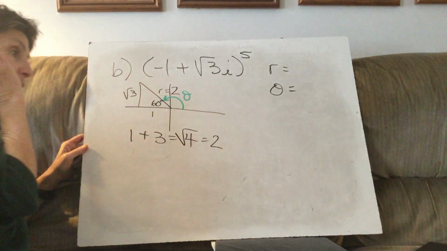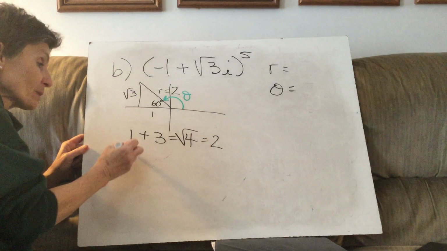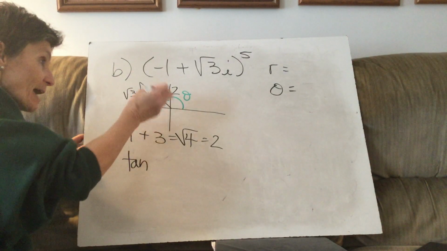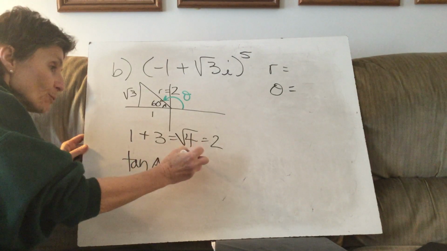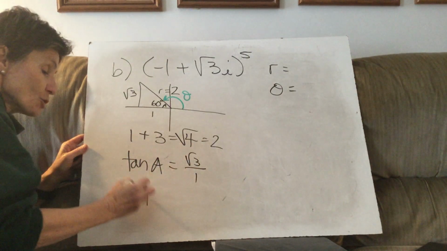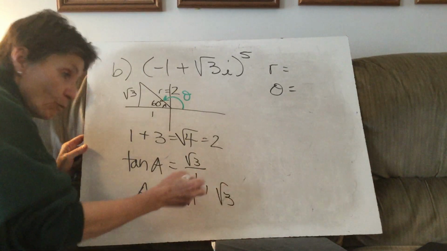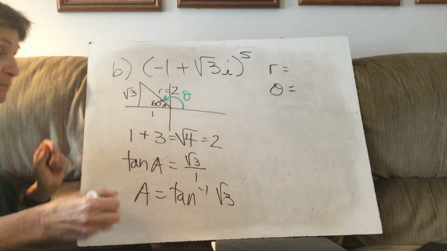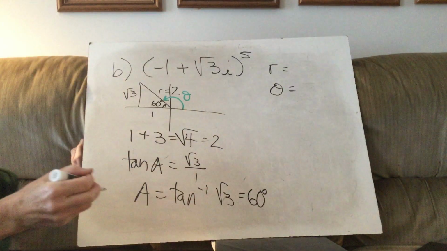So that gives me an r value of 2. And then the tangent of that angle, I'll call it A, is root 3 over 1. So I take second tangent of root 3 over 1, which is root 3, and when I type that into my calculator, it says 60 degrees.